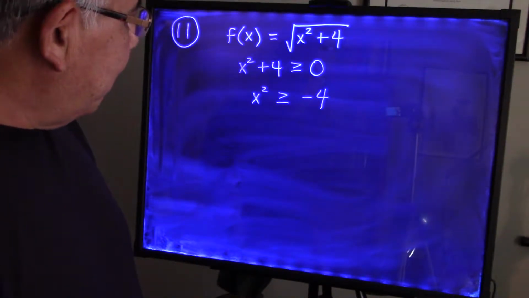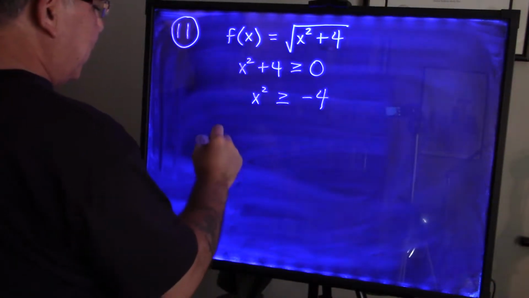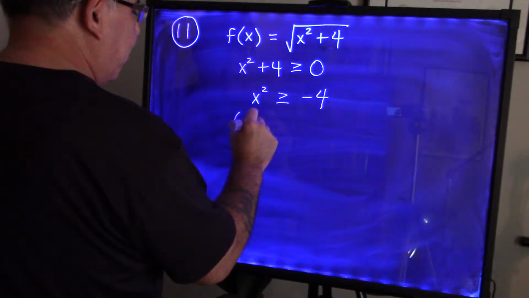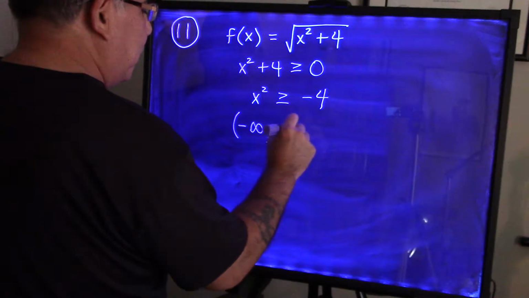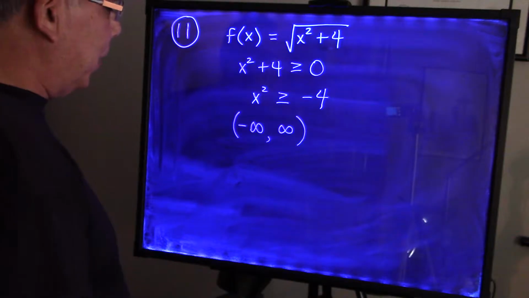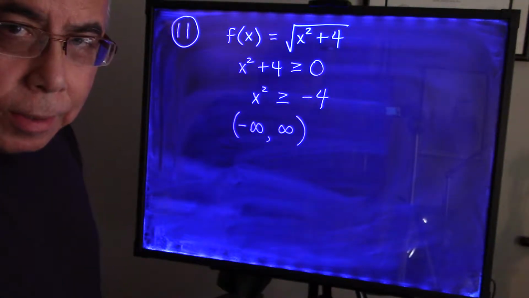So any real number will make this true. So the domain is all real numbers, okay? Negative infinity to infinity written as an interval. Again, remember to use parentheses next to the infinity symbols because those are not real numbers there. So you're not including those.